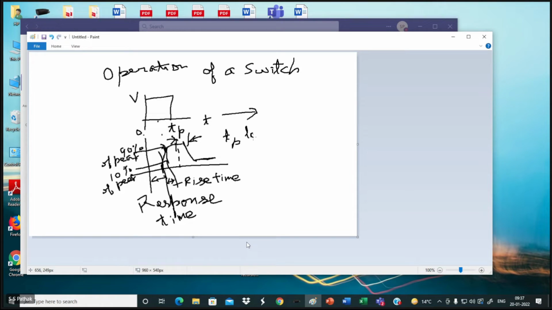to, once again, you can say the existence of the peak value, TP to, you can say T dash, I'm calling it here T dash. We call this the storage time.